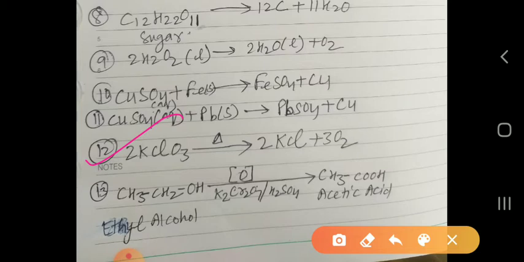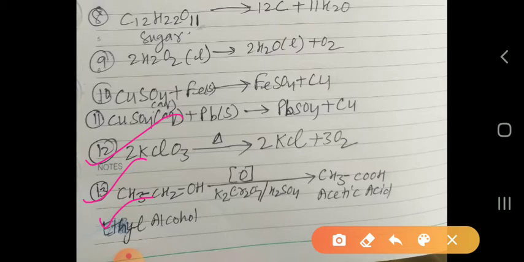So we can see here, children, how these changes are taking place. Let us see the next reaction. This 13th one is CH3-CH2-OH, that is ethyl alcohol, in the presence of oxygen and potassium dichromate and H2SO4.